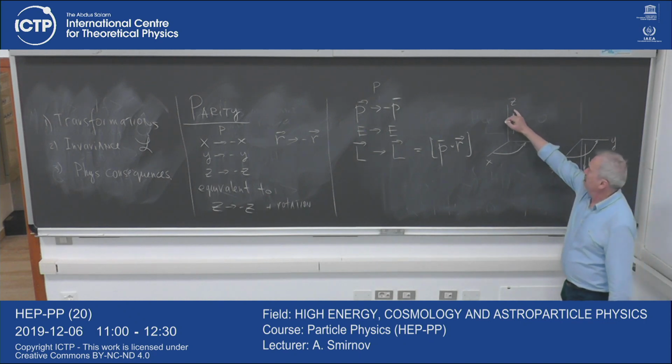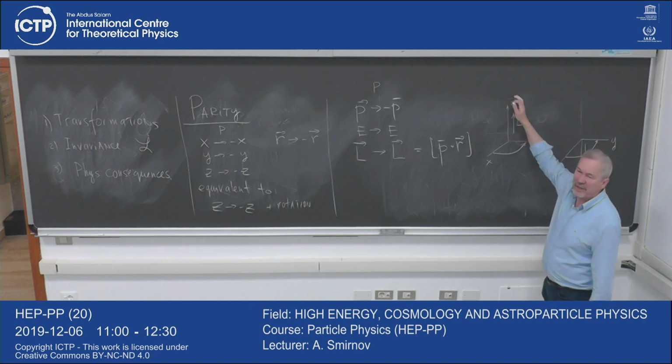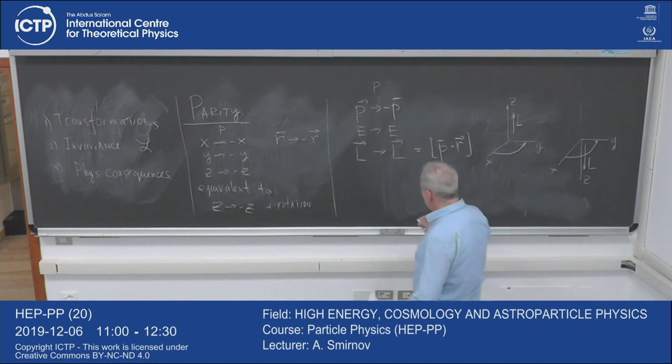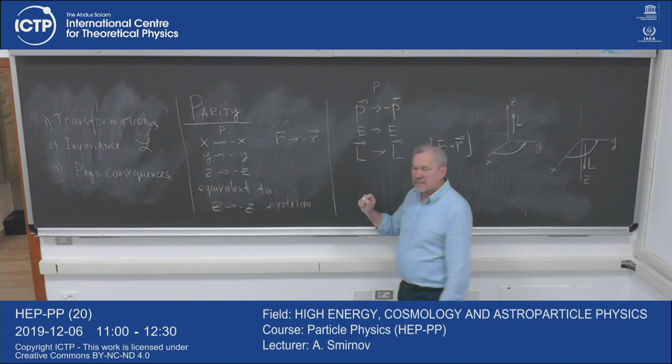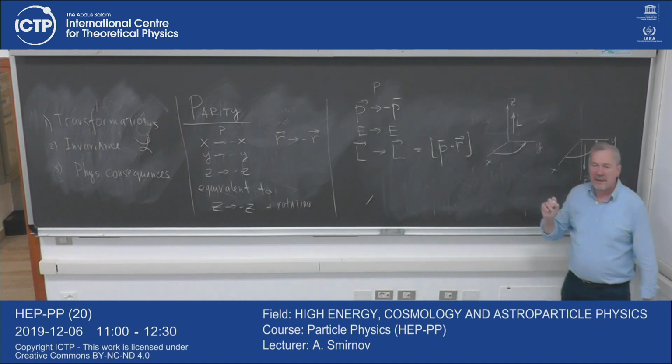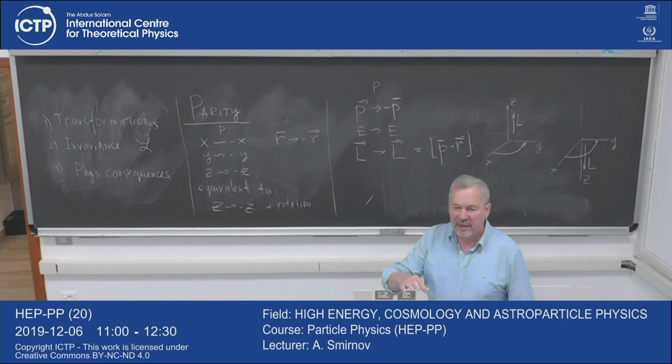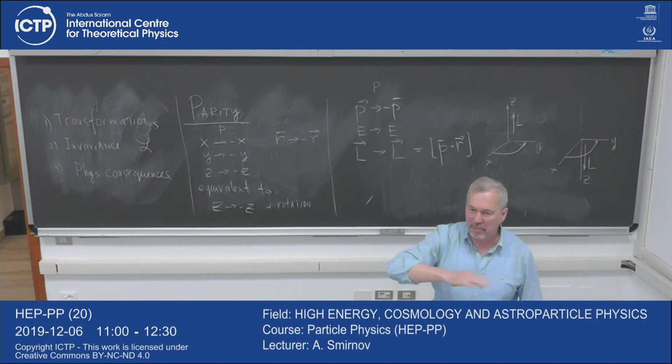So here, L is in the direction z, or increase of z. And here it is also in the direction of increase of z. Clear? So again, the P transformation doesn't affect your motion which is in the plane.